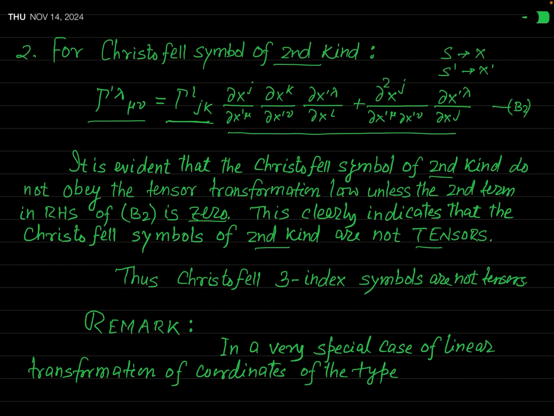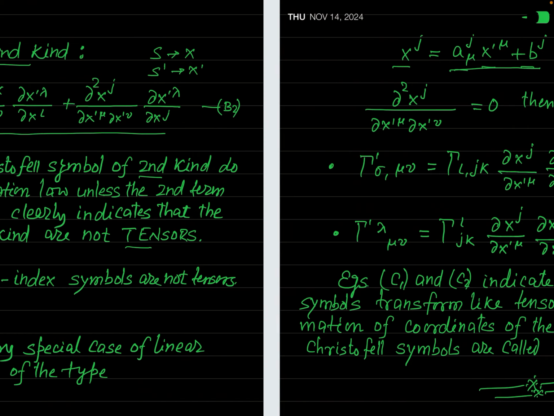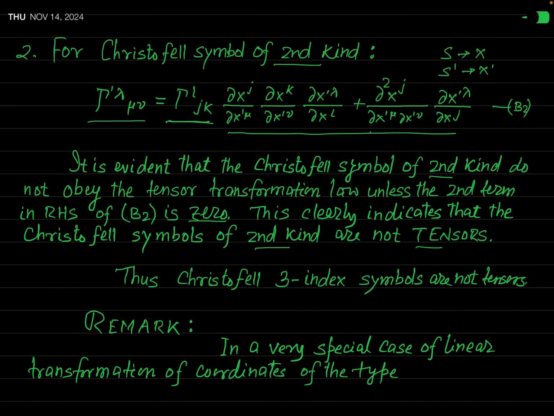But as I have told you, in a very special case of linear transformation of coordinates of this type, xj equal to aj mu times x dash mu plus bj, where aj mu and bj are constants, you can see this second term will vanish; it will be 0.